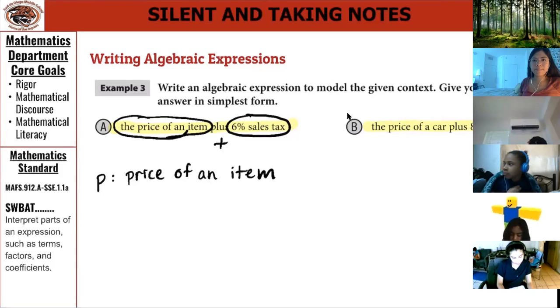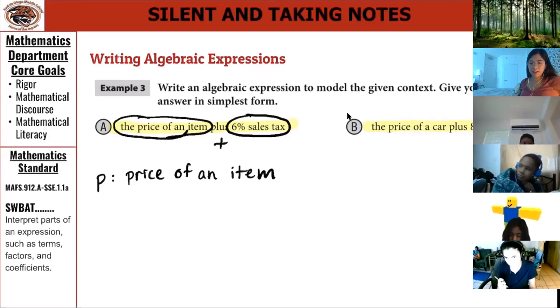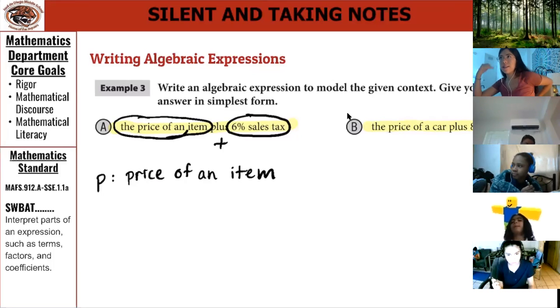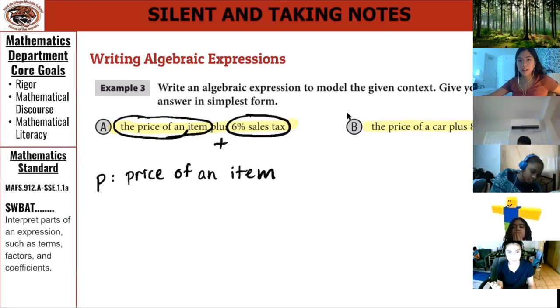T for sales tax. And then we're going to have our sales tax. However, the sales tax is not going to be a variable because we actually have a number. We have 6%. So let's think about what sales tax actually means. If there's a tax on an item, I see Juan raising his hand.